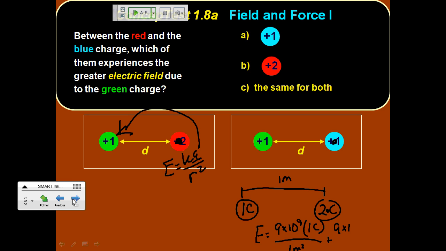I'm not going to write any additional term. Can we rewind? Sure, start off. That's our electric field. This charge right here doesn't contribute anything to the electric field.